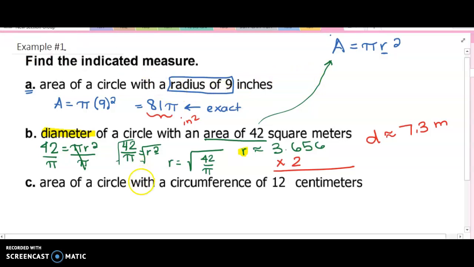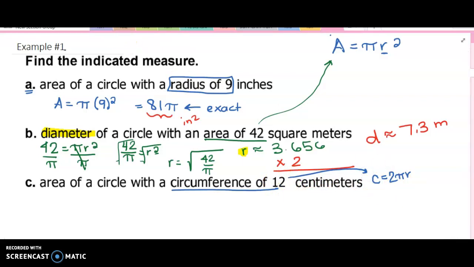All right, let's look at C. We want the area of a circle with the circumference of 12 centimeters. Now, if you remember, circumference is 2 pi r. It gives me my circumference, so I can plug this 12 in for C, and then I can solve for r. After I have r, I can plug it in to find the area.